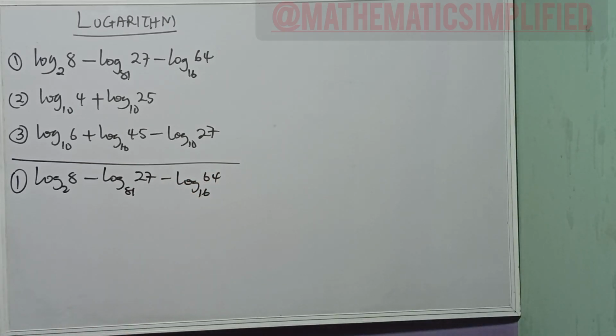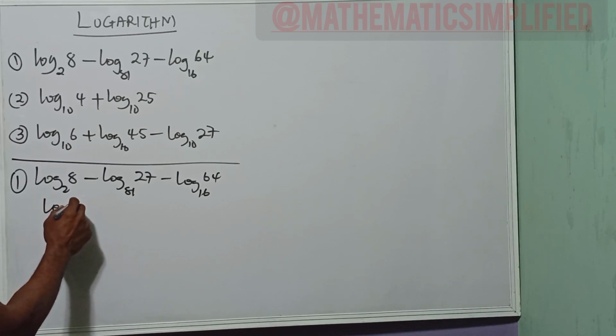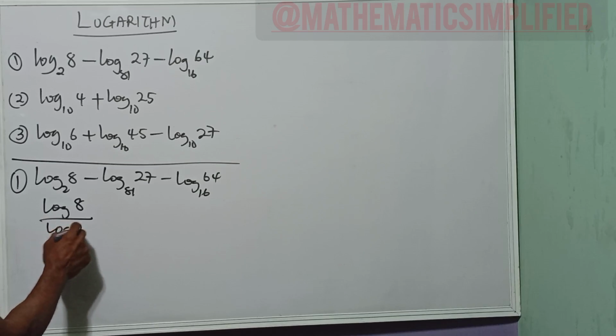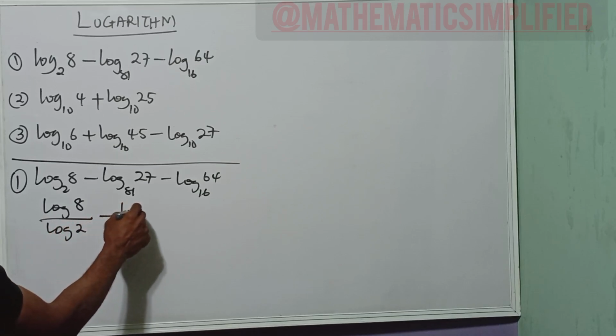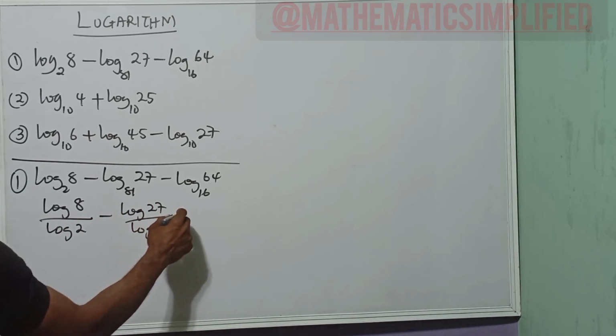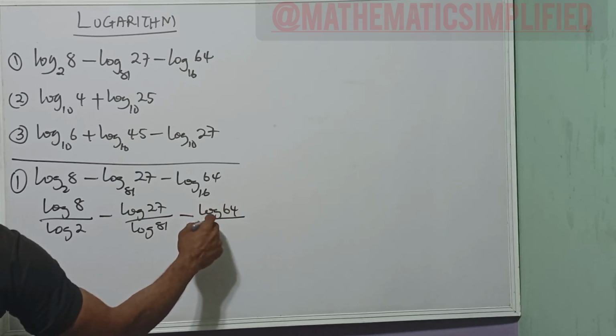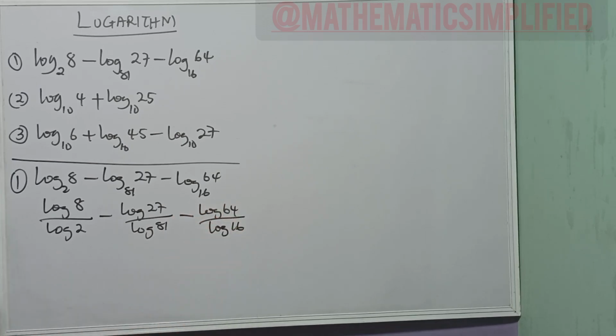Now if we apply the change of base law to this question, this becomes log 8 over log 2, minus log 27 over log 81, minus log 64 over log 16.